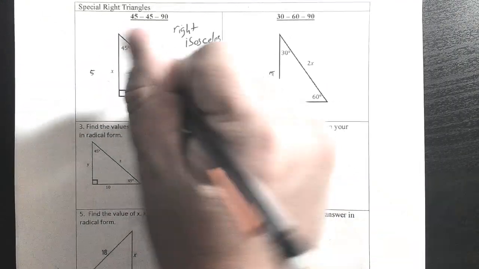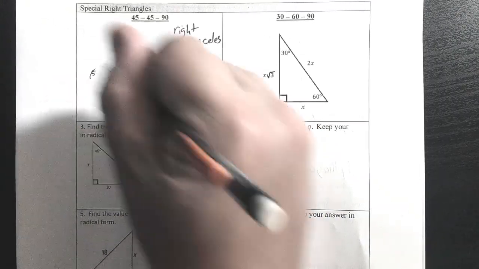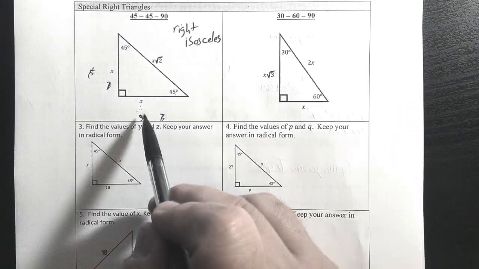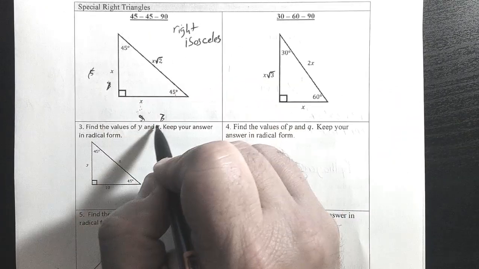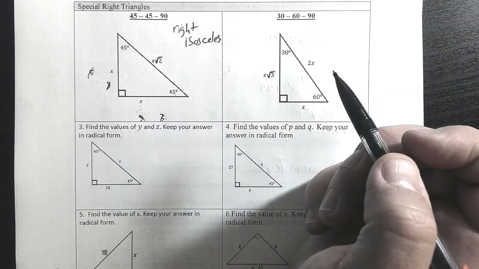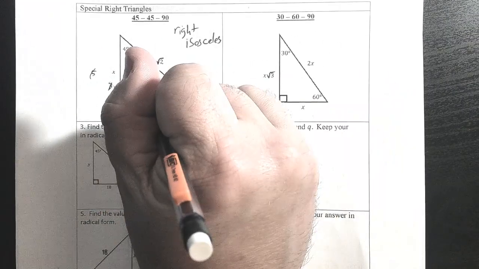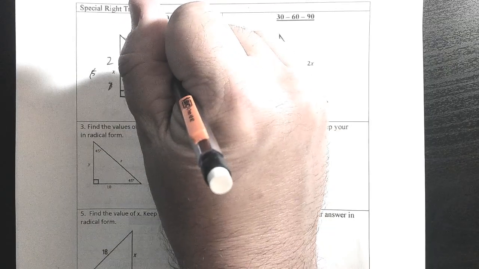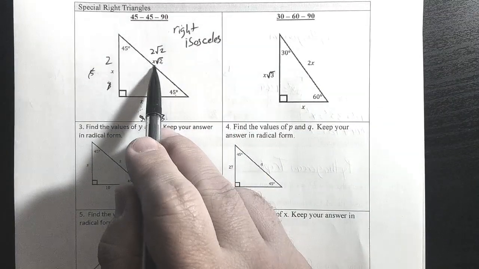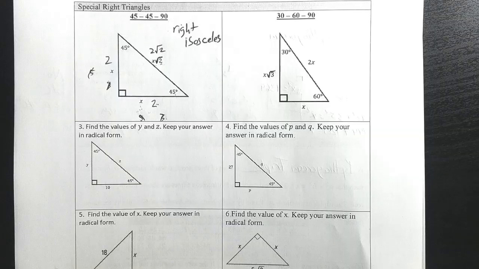Instead, if this was 3, this would be 3. Make sense? And whatever this is, if this was 5, it would be 5 square root 2. If this was 3, it would be 3 square root 2. We're going to say it was 2, and this was 2. So this would be 2 square root 2. So whatever was here gets multiplied by the square root of 2.